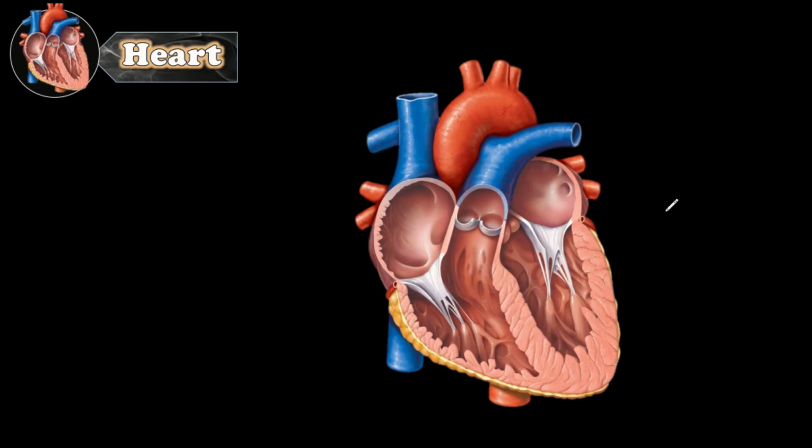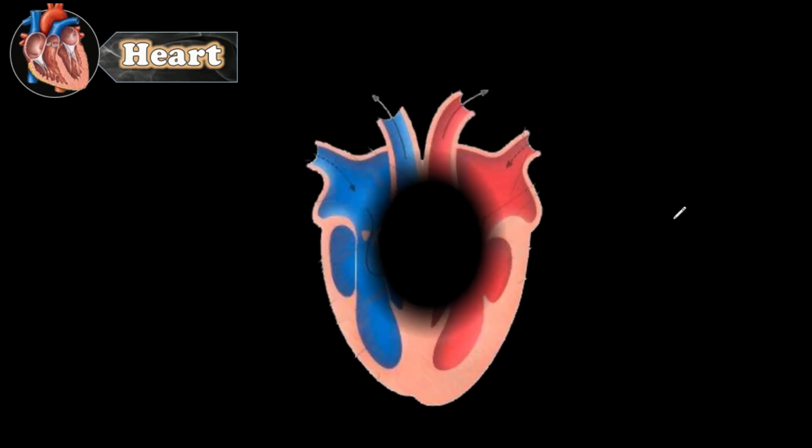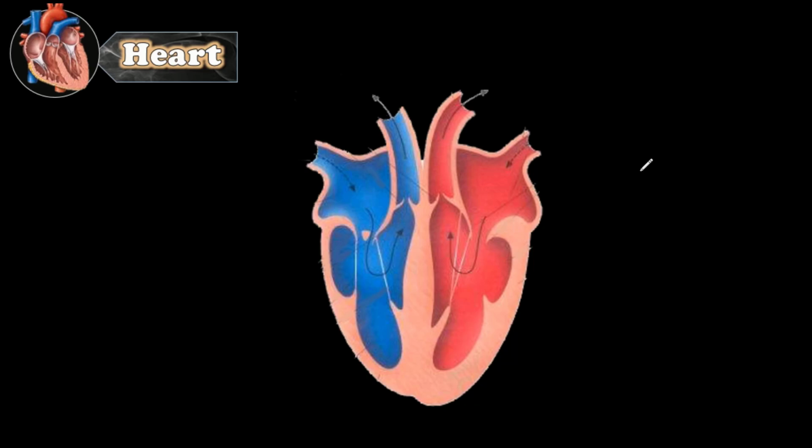Now we're going to look at the heart and the questions that can be asked about it. First type of question: we need to know the type of blood in a chamber. So what type of blood is in this chamber?